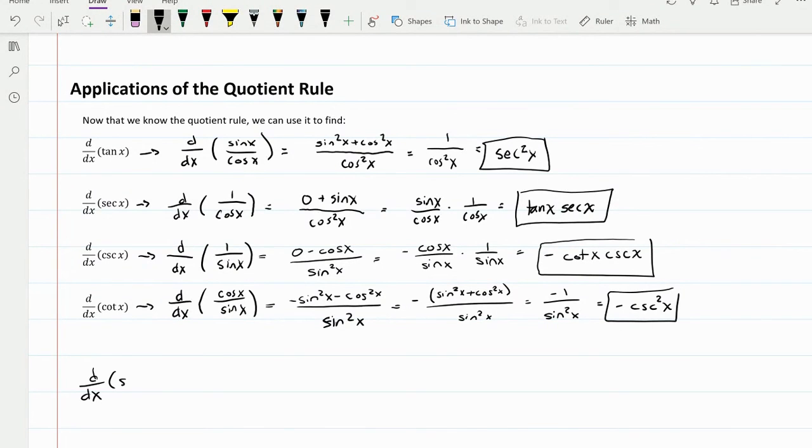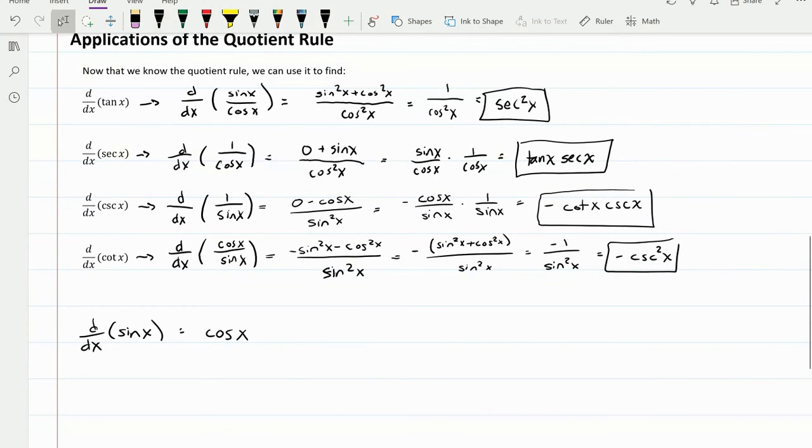One quick thing to mention here, I'm just going to add in my derivative of sine and cosine here. Notice that these three trig functions have derivatives that are negatives.